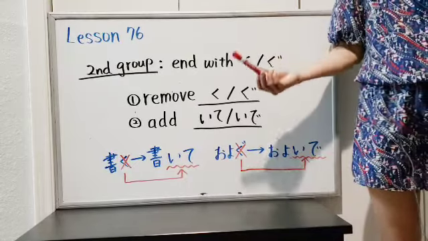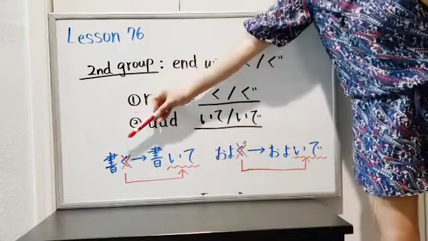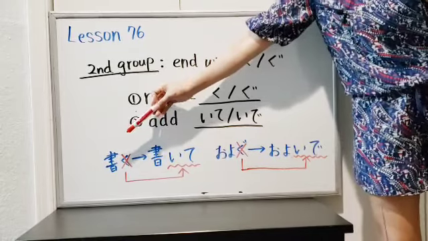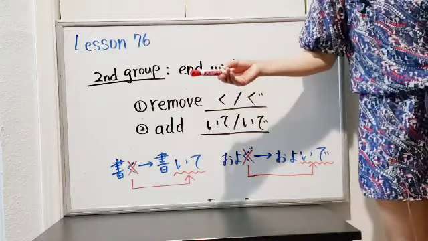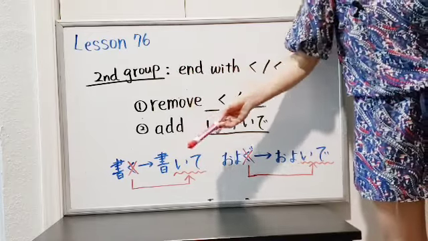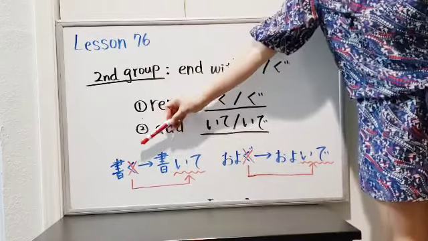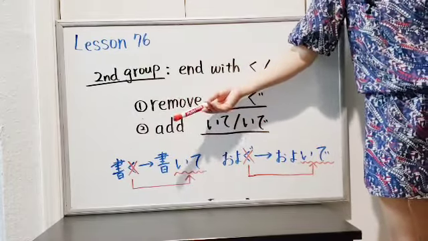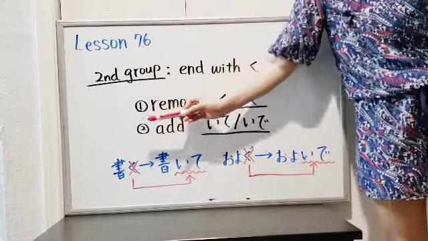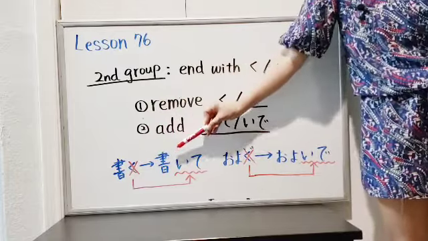For example, kaku. This verb ends with ku, right? So in order to make the te form, you need to remove ku and add ite. So the te form of kaku is kaite.